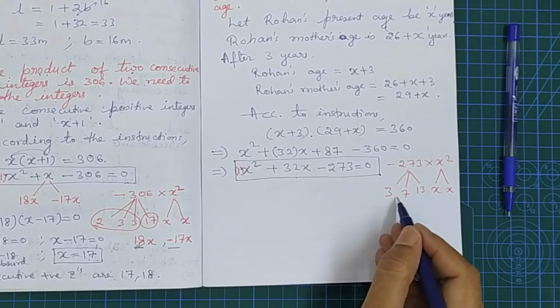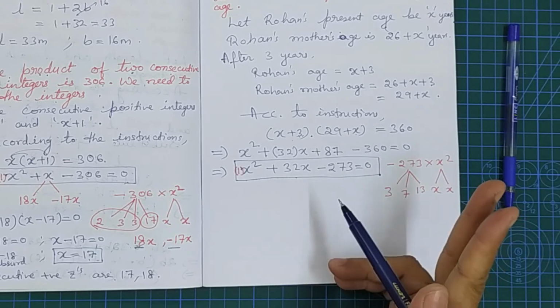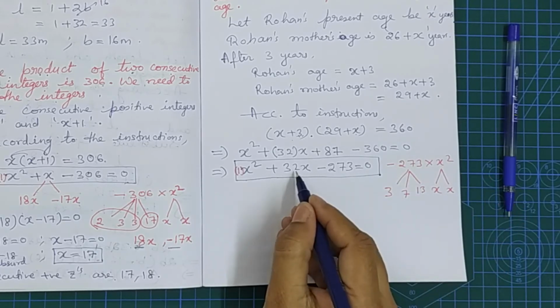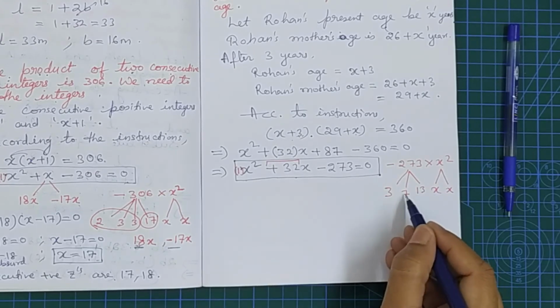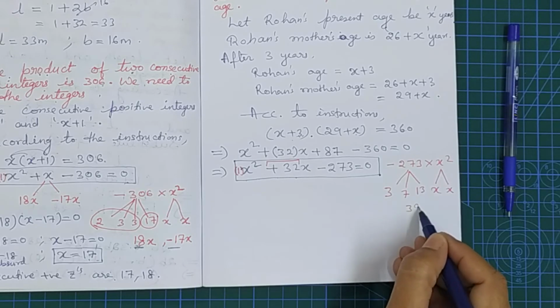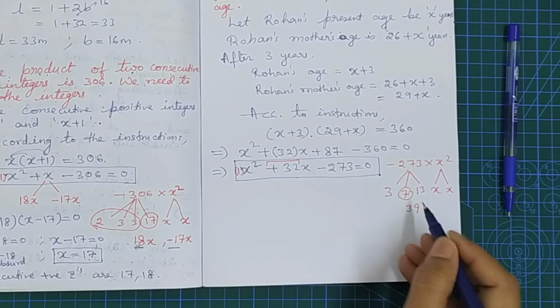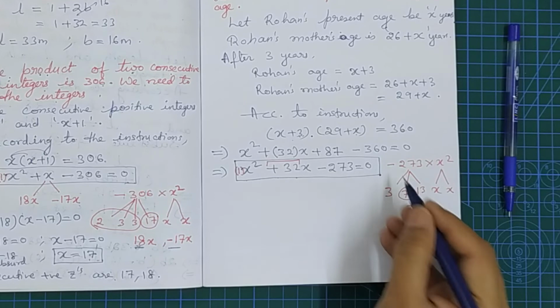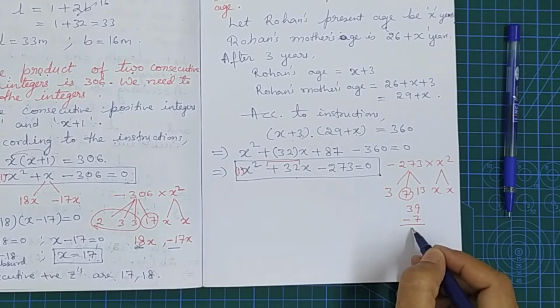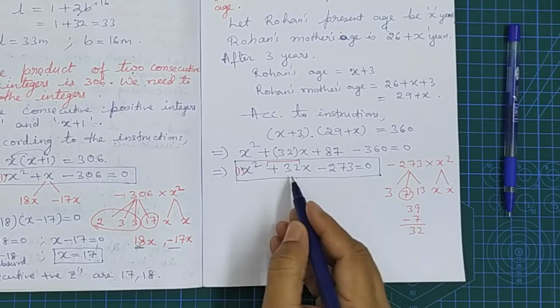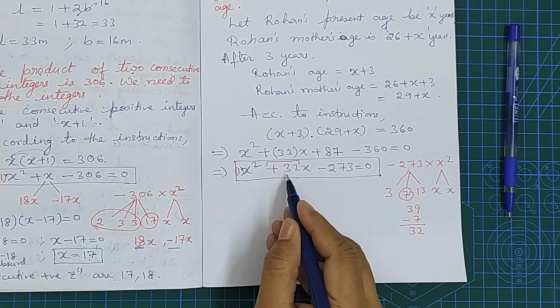And how can we put these three numbers in two sets so that their difference is the x coefficient? So we can think of 13 into 3, that is 39, and 7 as a separate number, and then we have a minus symbol. Let us subtract. 39 minus 7 is 32, and that's what we want, plus 32x.